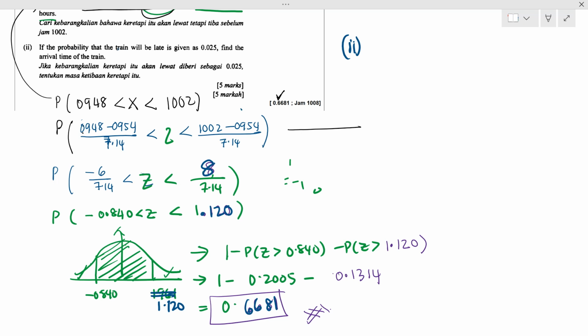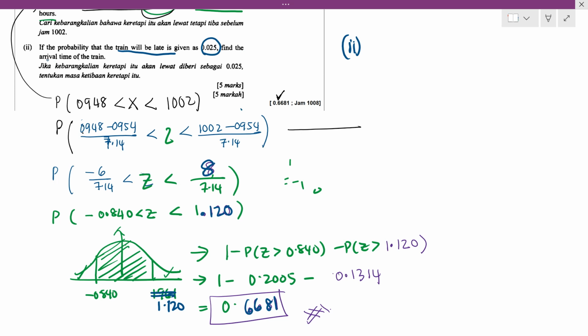Okay, if the probability that the train will be late is given as 0.025, find the arrival time of the train. Since they are asking for the time, that is x. We don't know what time they are talking about.